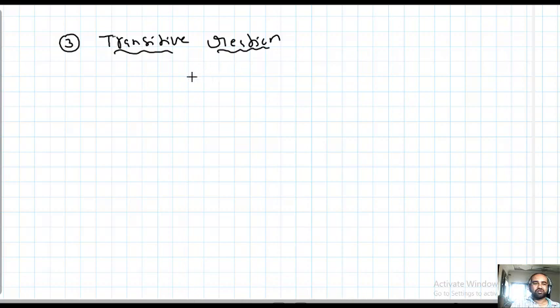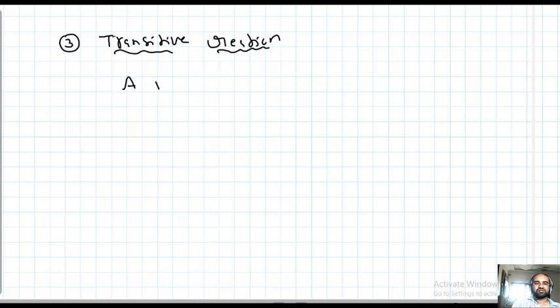Next, the third one is the transitive relation. Okay, students, listen.